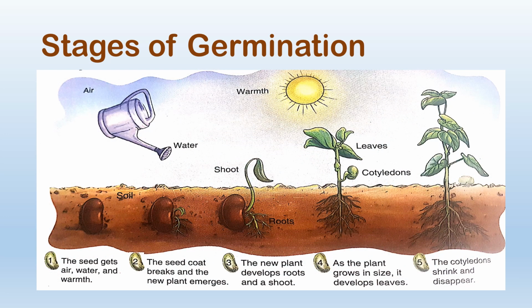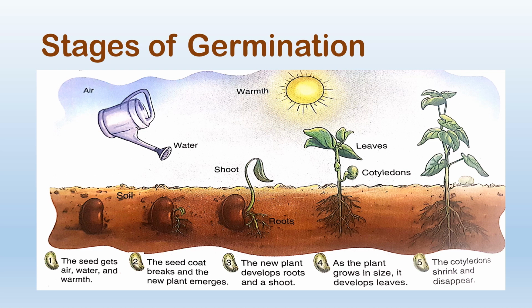Let's understand stepwise how a seed germinates, which are called the stages of germination. Students, as you can see in the diagram, in the first stage, the seed gets air, water, and warmth. On getting water, the seed coat, which is a hard outer covering, breaks and a small root moves out of the seed, growing downwards away from sunlight.